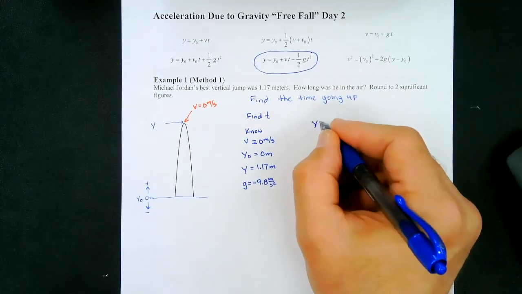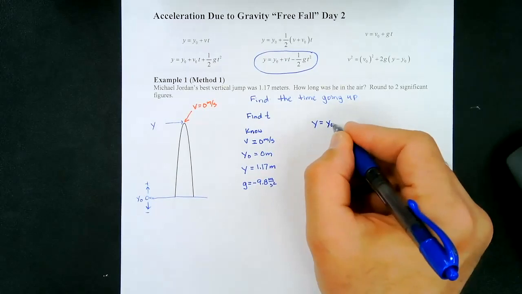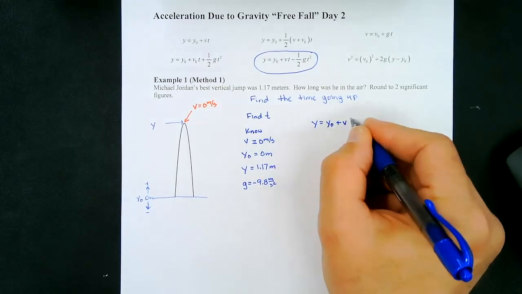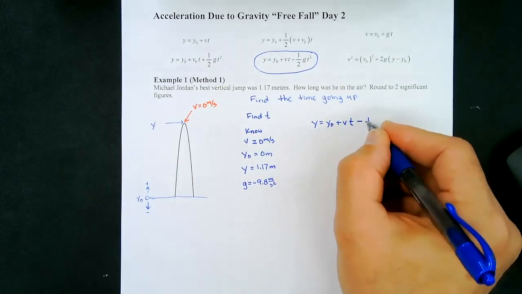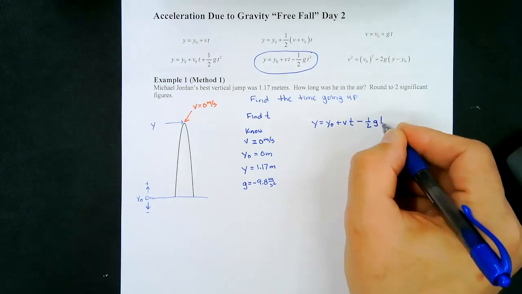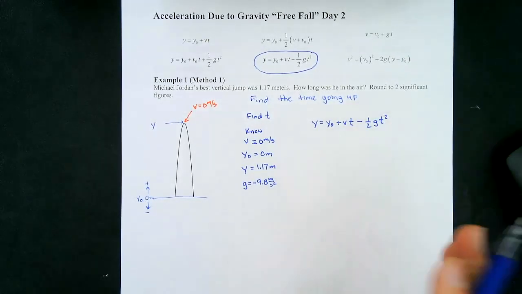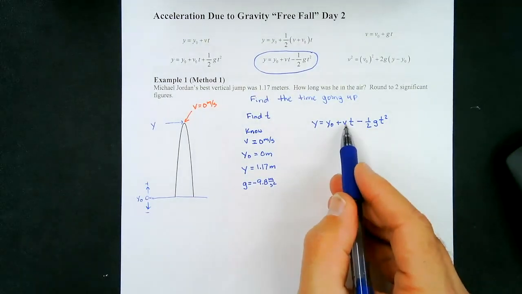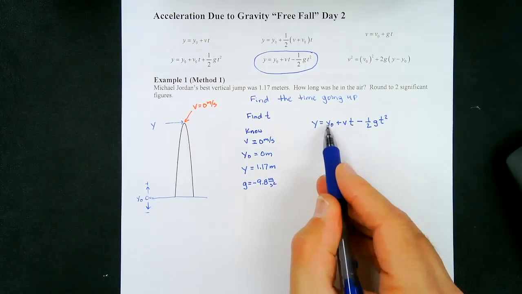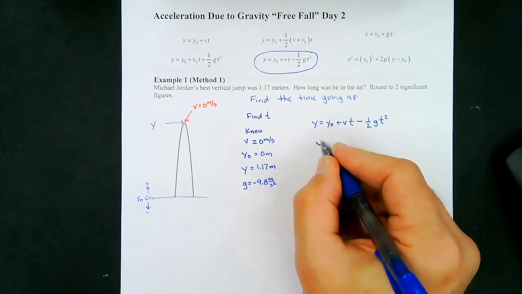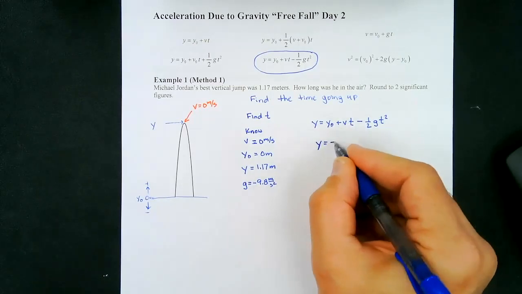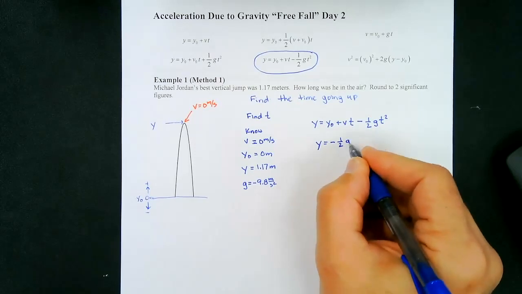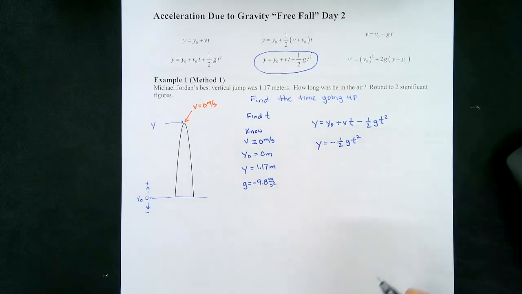So we have y equals y sub 0 plus vt minus 1/2 gt squared. Are any of these 0? Yes, y sub 0 is 0, and my v is 0, so both of these drop out. What I have left is y equals negative 1/2 gt squared.